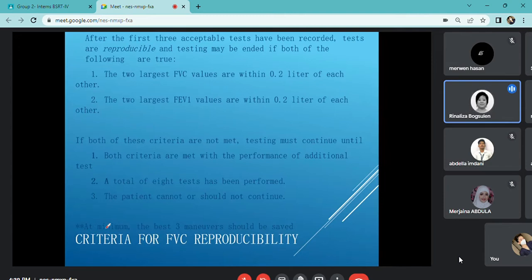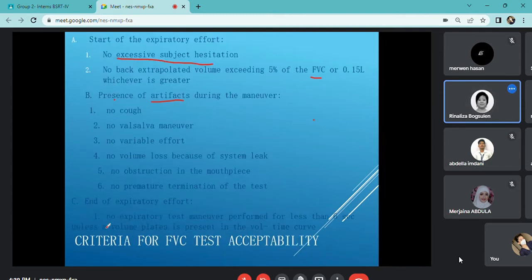Okay? So once you see these ones, these are your acceptability criteria. Again, tandaan nyo itong mga to dahil ito yung common na tinatanong sa exams. So, no subject hesitation, no back extrapolated volume exceeding 5% or 150 ml, whichever is greater.